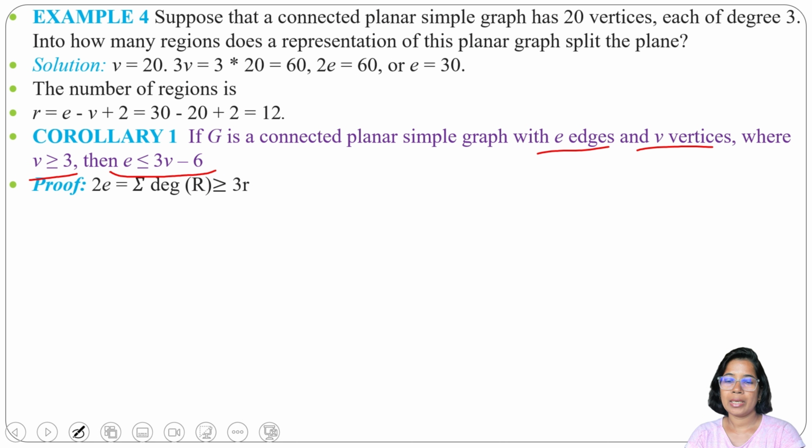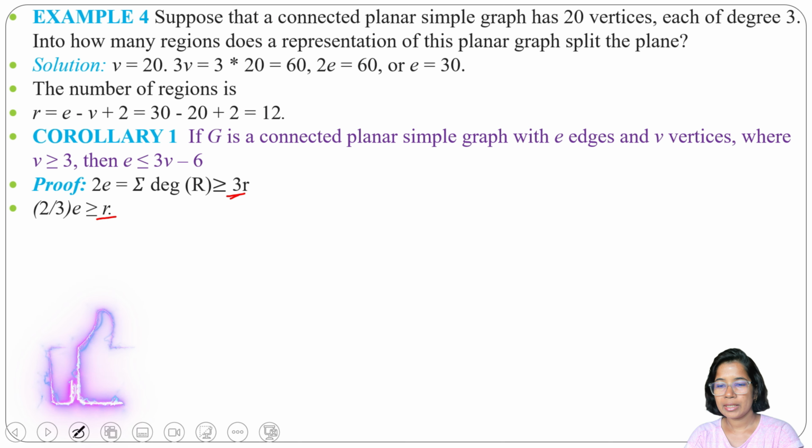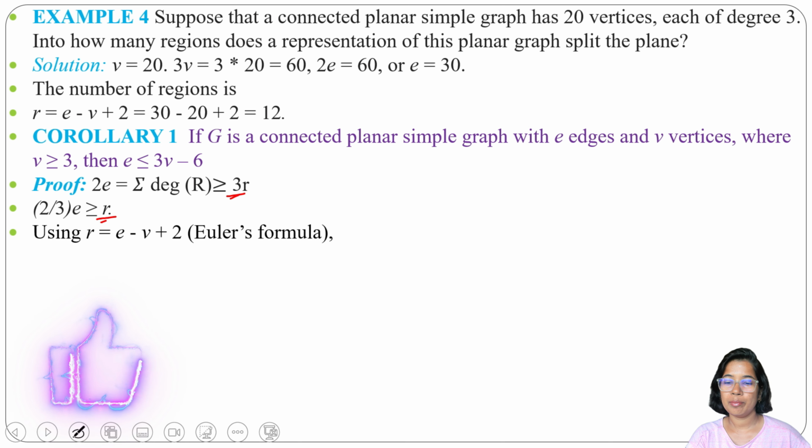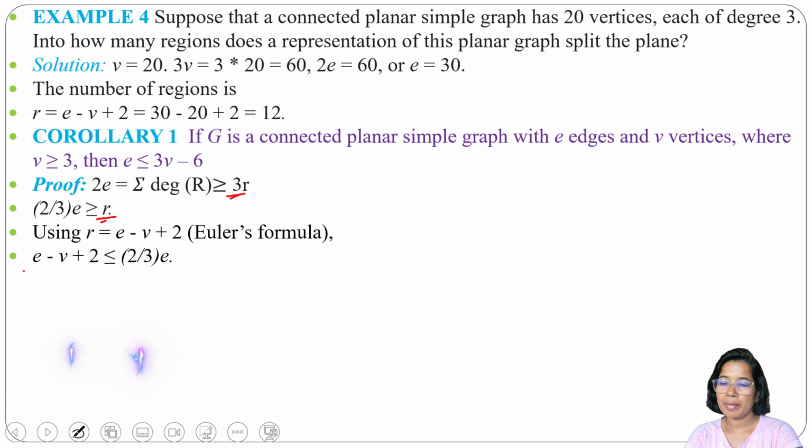So 2E equals the sum of degrees, which is greater than or equal to 3 into R. If we take this 3 to the left side, 2 divided by 3 E is greater than or equal to R, and in place of R we can write E minus V plus 2. So E minus V plus 2 is less than or equal to 2 divided by 3 E. Now take this E to the left side and V minus 2 to the right side.